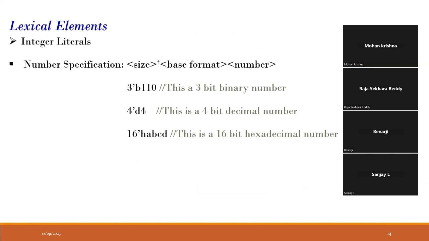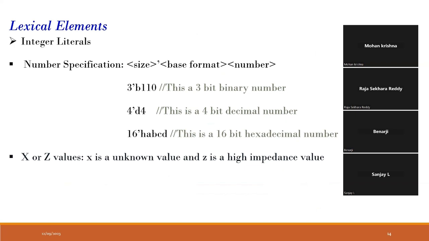Okay, so we can define the number as an integer, as a hexadecimal number, or as a binary number. What is a binary number? This is either one or zero. The 4 over here implies the bit size, how many bits it is taking.